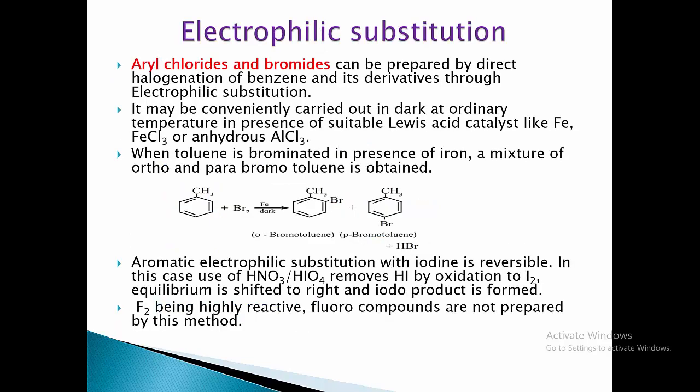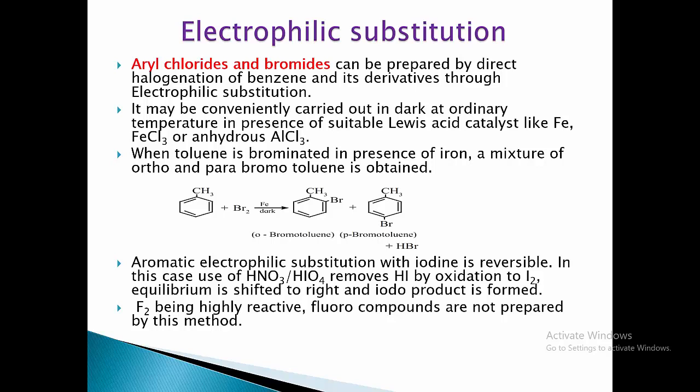Now we are going to see electrophilic substitution reaction in which preparation of aryl halides is carried out. When an aromatic compound like benzene is treated with chlorine molecule or bromine molecule, it gives haloarenes by electrophilic substitution reaction.